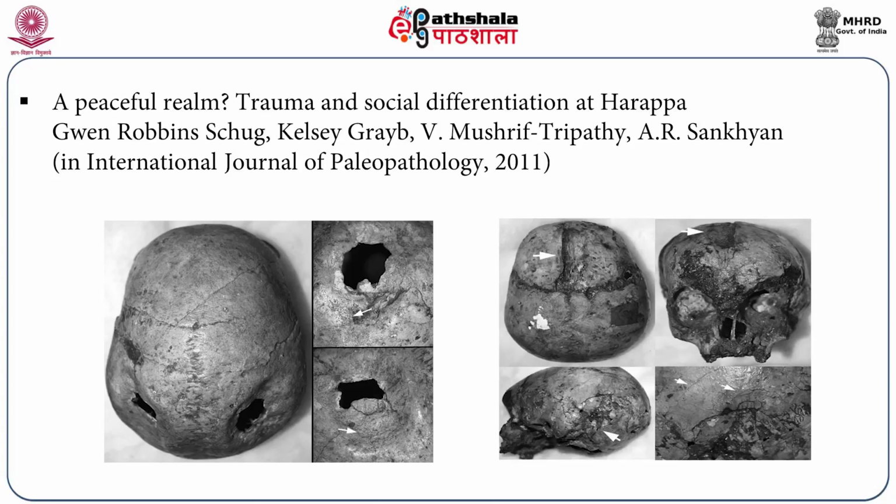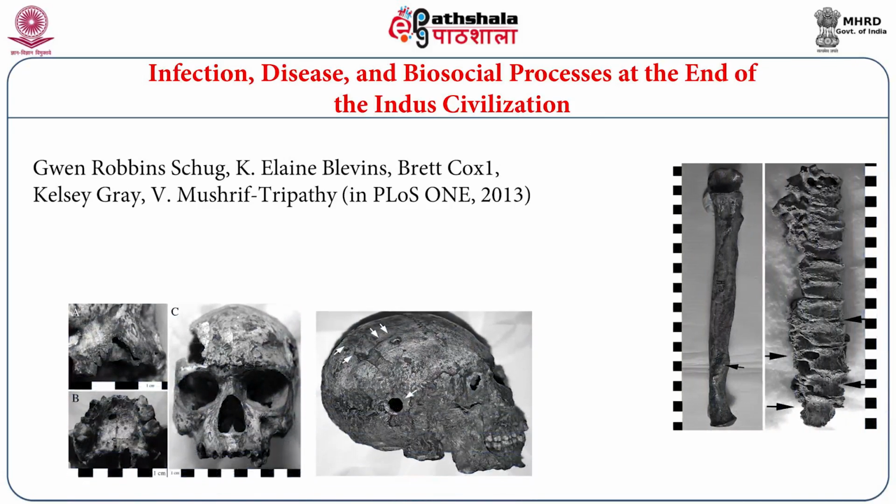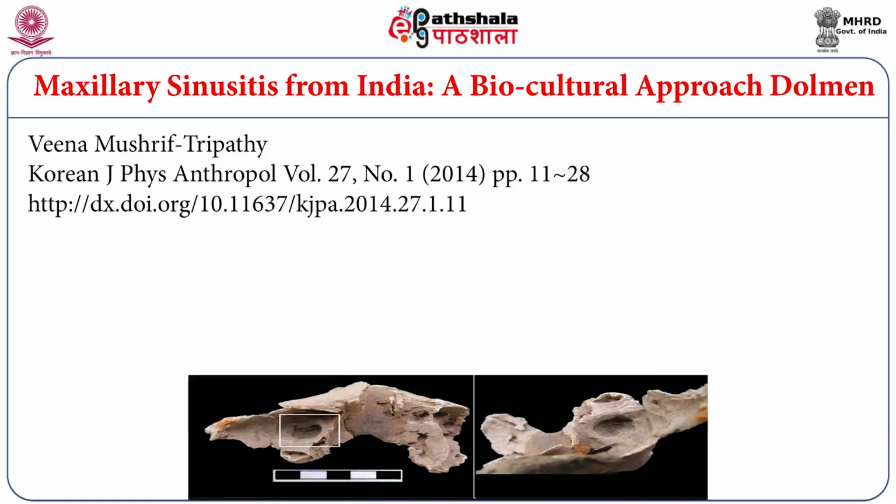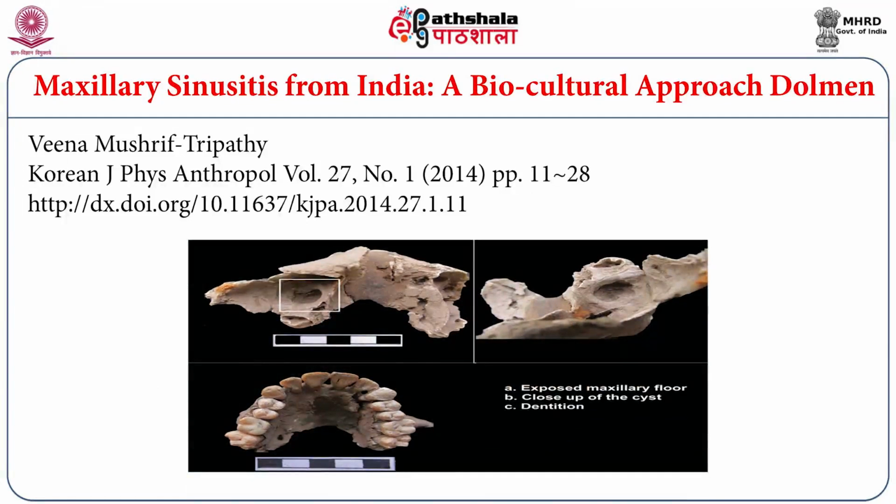These are the evidence that you see in this particular slide. Again, we have evidence for infection and diseases and other cases from the bones that you can see in these slides. Maxillary sinusitis is another kind of abnormal condition that can also be studied using these skeletal materials.